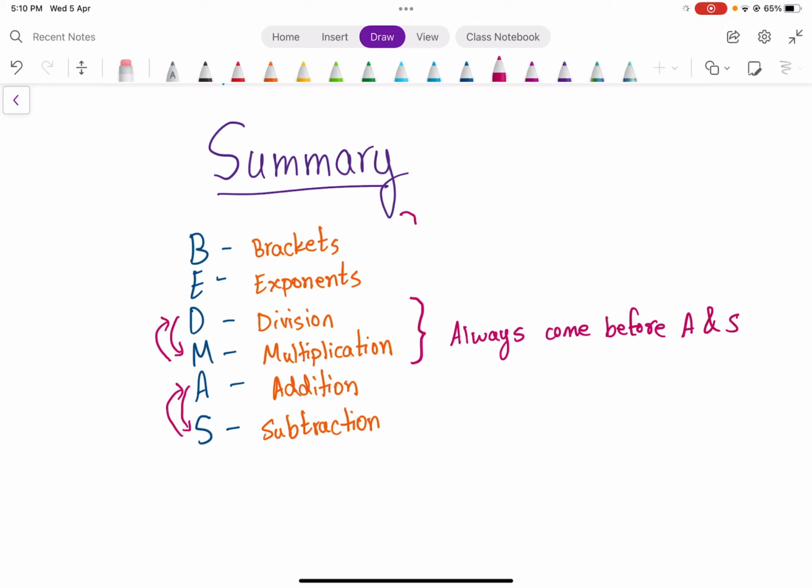Same goes for brackets and exponents. They may not be interchangeable, but they still always have to come before division and multiplication.